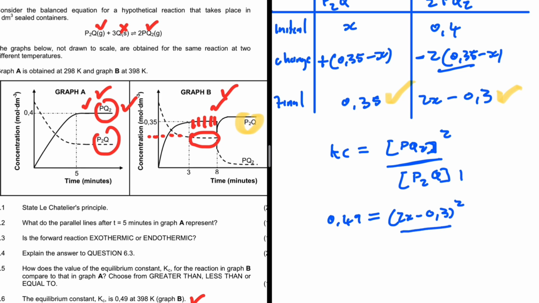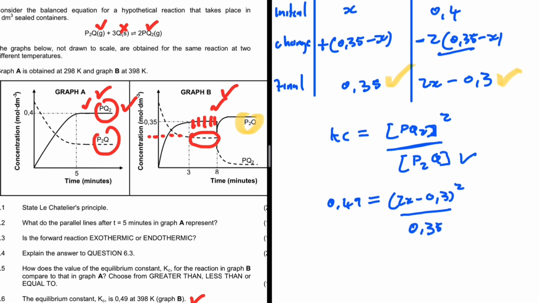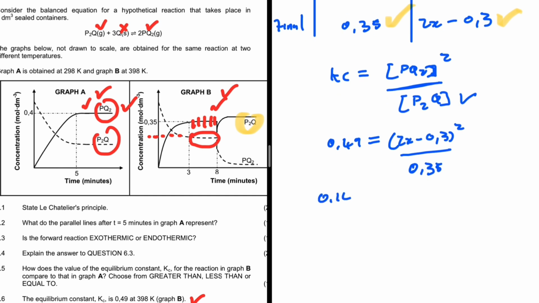Everything divided by P2Q, which is 0.35. So we can cross multiply. 0.49 multiplied by 0.35. This is 0.14. And then this is equal to 2x minus 0.3 squared.